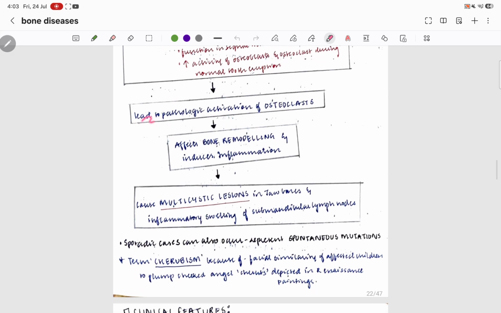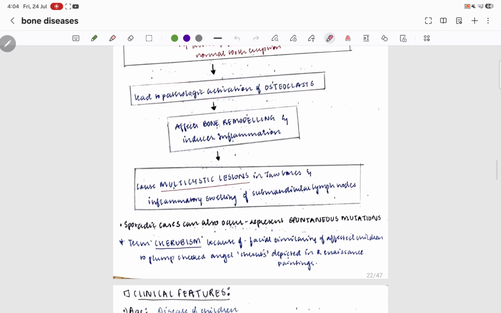But what happens is the mutation leads to a pathologic activation of osteoclasts, because of which there is bone remodeling which induces inflammation. So bone remodeling occurs, and this bone remodeling causes inflammation.